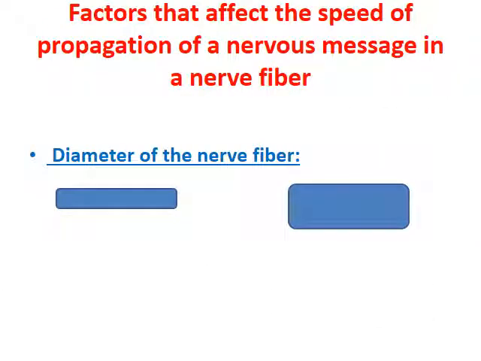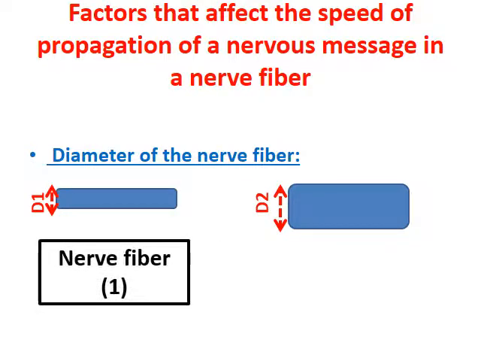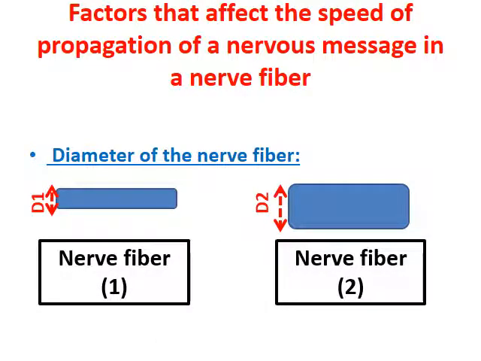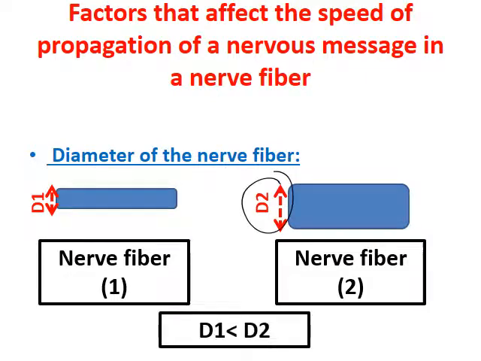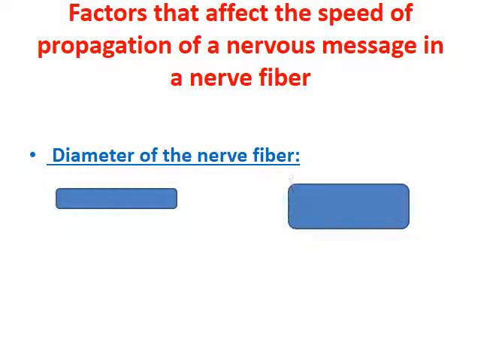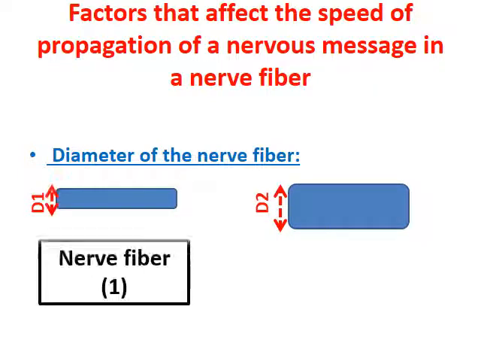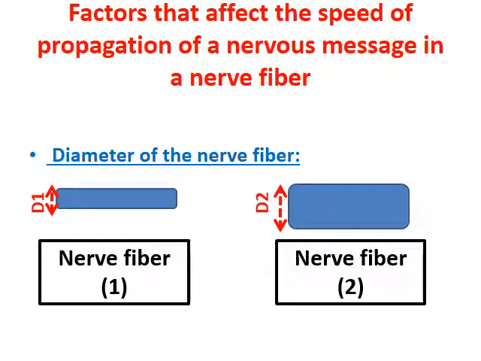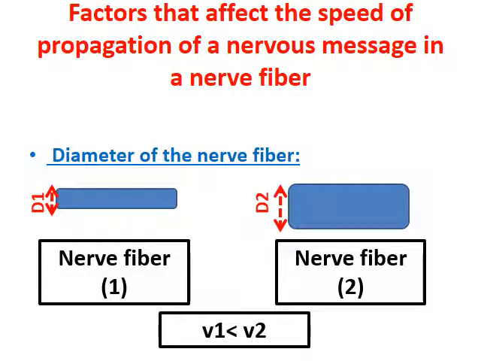Factors that affect the speed of propagation. First, the diameter. So we have D1, D2. As you see here, D1 is nerve fiber 1 and D2 is nerve fiber 2. D2 is greater than D1, so the nervous message propagates faster whenever we have a larger diameter. So V1 is less than V2, since fiber 1 has the smaller diameter.